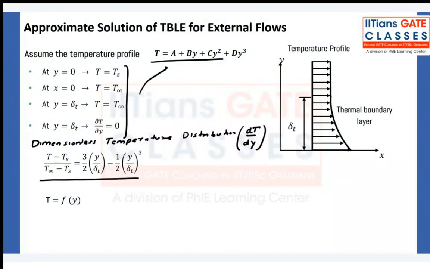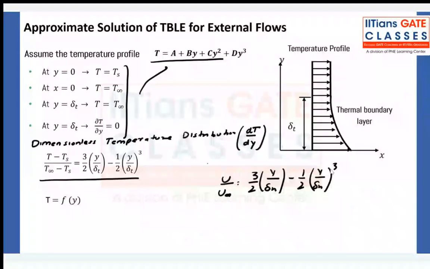There we had u upon u infinity equals 3 by 2 y upon hydrodynamic boundary layer minus 1 by 2 y upon hydrodynamic boundary layer cubed. Now here y is replaced by both, and the hydrodynamic boundary layer is replaced by the thermal boundary layer. But now we have gotten how temperature is varying in the y direction. This was our second objective.